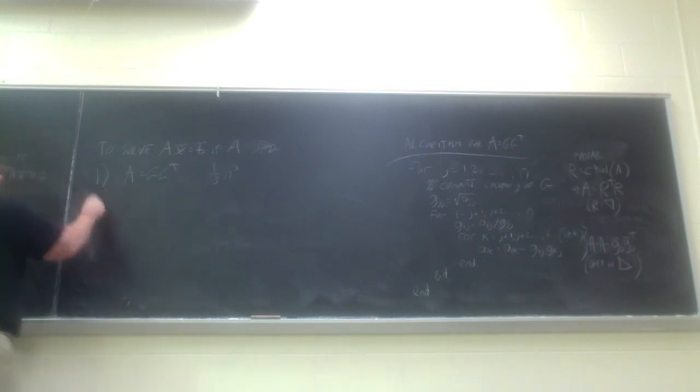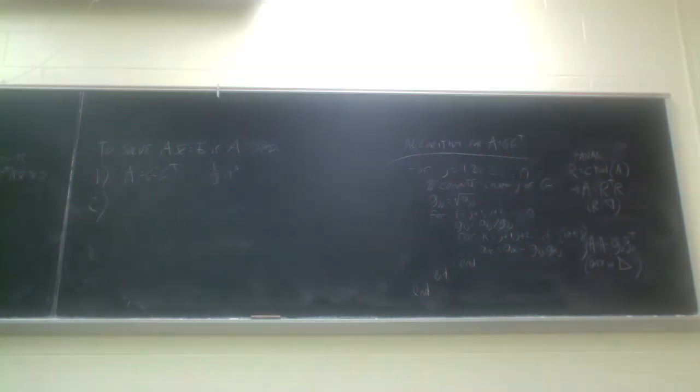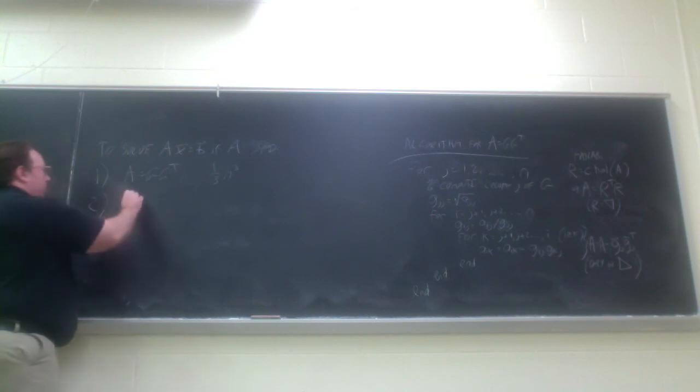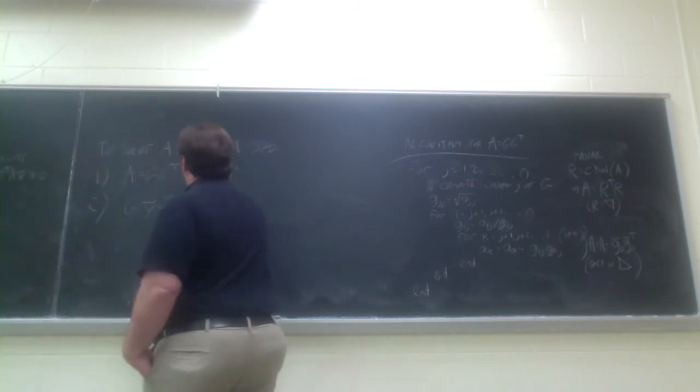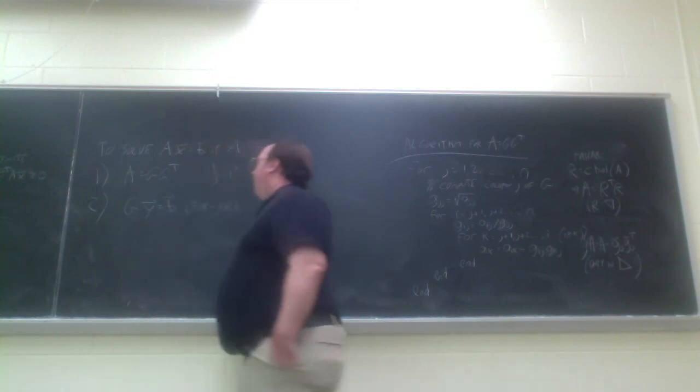And then the rest of the process is very similar to what you would do with a general matrix when you're doing Gaussian elimination with substitution. So you solve Gy is equal to b. So that's using forward substitution, which takes order n squared flops.